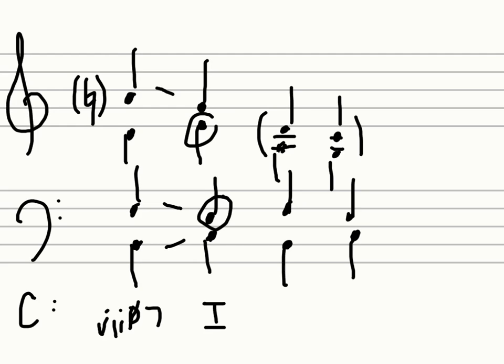One more little detail about this in a major key. Sometimes composers liked the sound of the fully diminished 7th chord so much, they'll even use it in a major key. The way they do this is to lower scale degree 6, so we've got an alteration, and we would add an A flat in the key of C major.